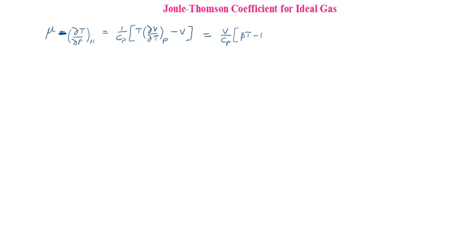So these are the different ways in which we have expressed the Joule-Thomson coefficient for a gas.